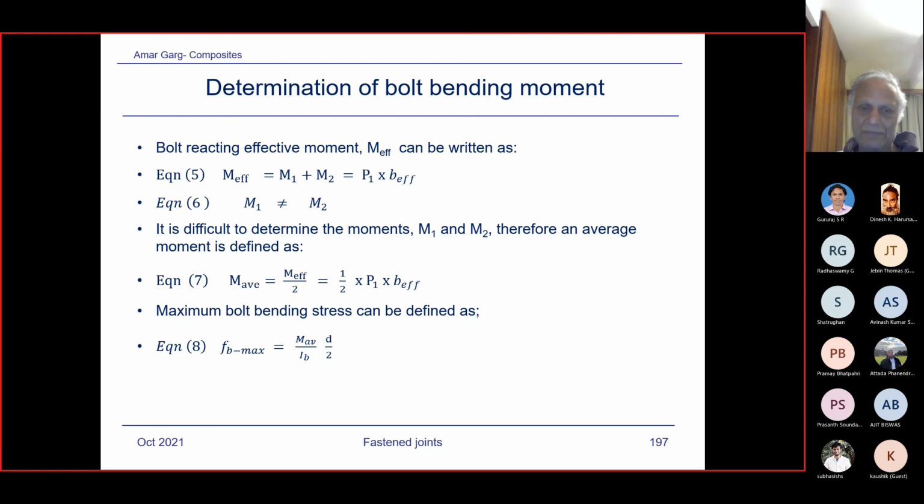Any other question? Yes, sir. Radhaswamy here, sir. Can you hear me, sir? Yes, I'm hearing. Sir, this is regarding the connecting of cables with bus bars in an electrical system, where they will use a spring washer as well as a plain washer, both washers.